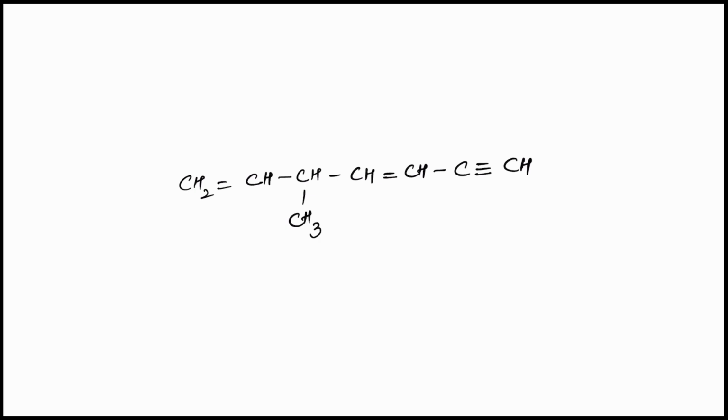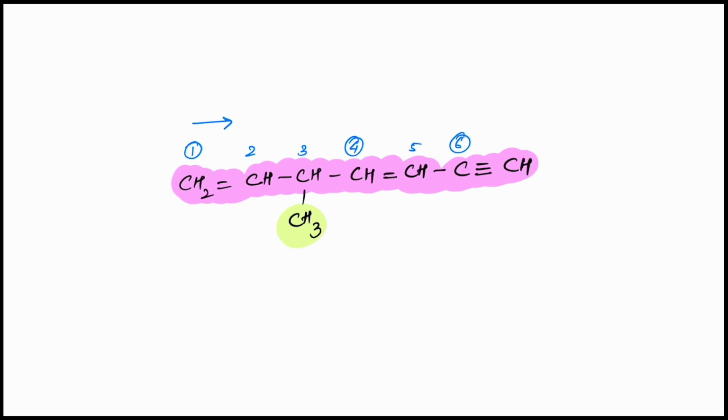Let's look at this example. Now here we have both the double bond and the triple bond. So we can see that the parent chain can be marked as this. Now there is a substituent CH3 group here. When you number the parent chain, if you go from left to right, you have the first double bond at carbon 1, then the second double bond at carbon 4, and a triple bond at carbon atom 6.